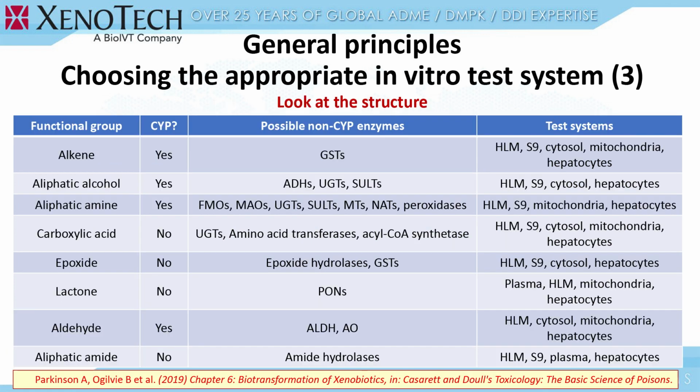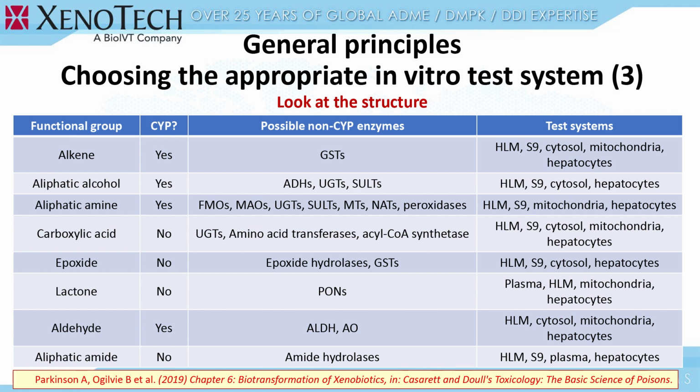So typically, when a client comes and has questions on what is the appropriate test system to choose, one of the first things we like to ask for is, what is the structure of the molecule? Looking at the structure of the molecule can provide a lot of information and help assist in the selection of what test system might be the most appropriate one to use.